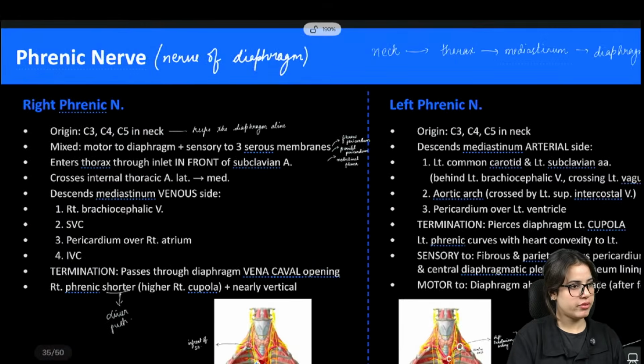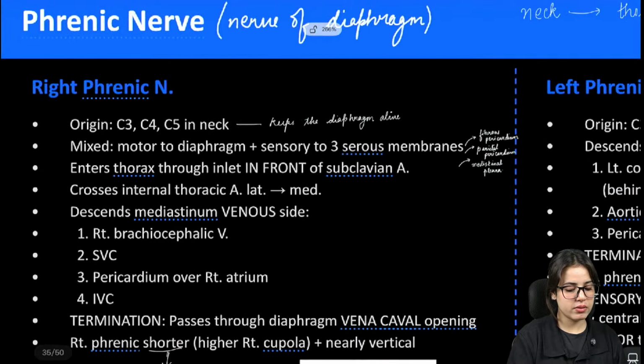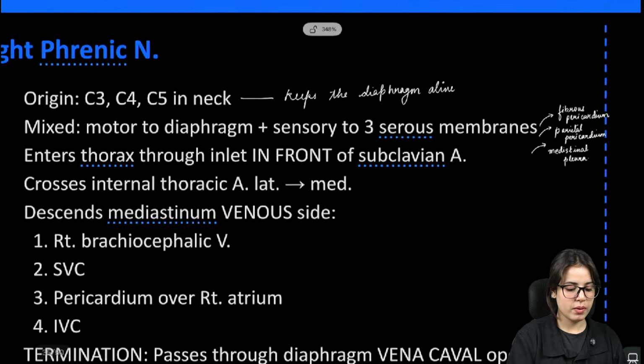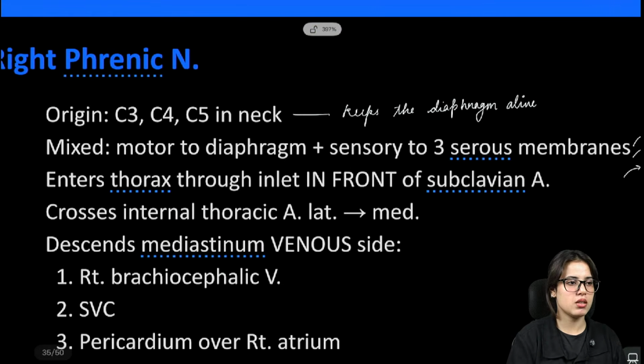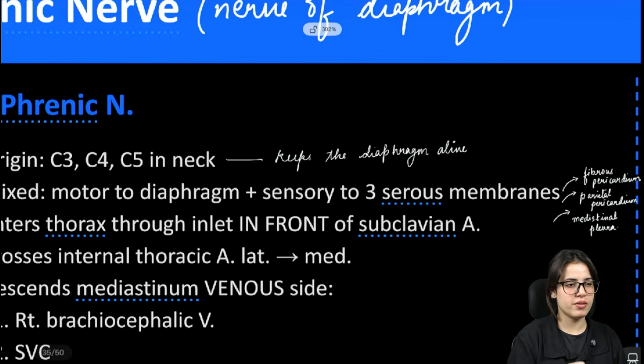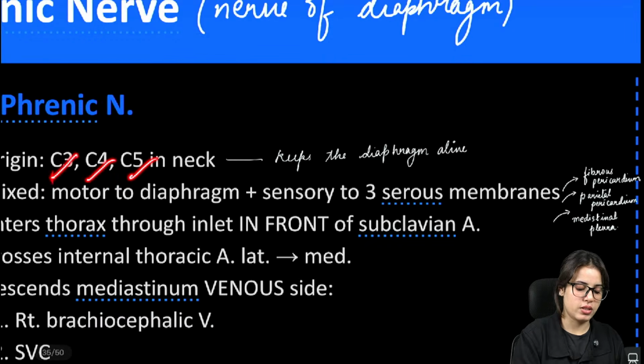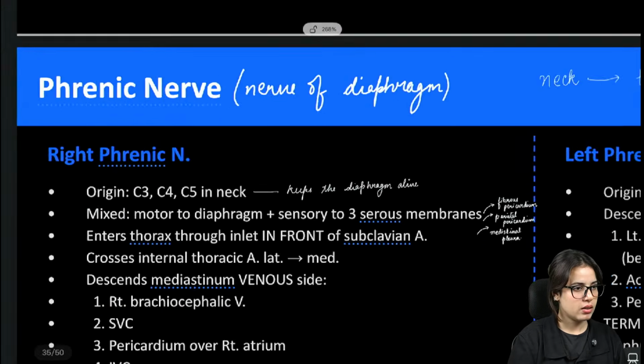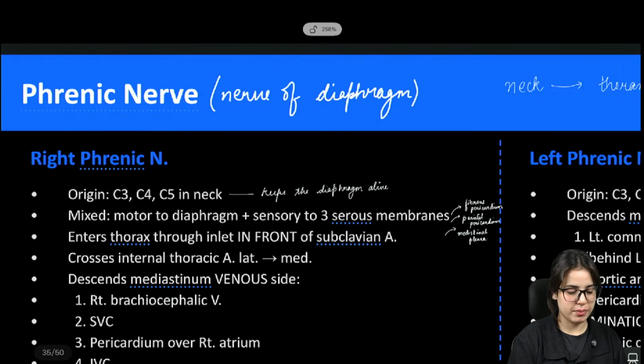Now let's come to phrenic nerve. Phrenic nerve is a very important, very famous nerve. Why? Because it originates from C3, C4, C5, and there's a famous mnemonic for this, that C3, C4, C5 keeps the diaphragm alive. Both left and right start the same way, C3, C4, C5. This is the nerve of the diaphragm.